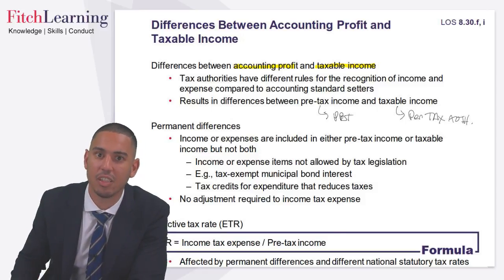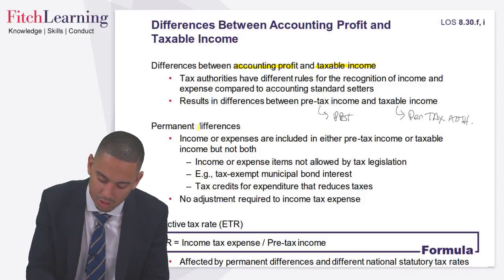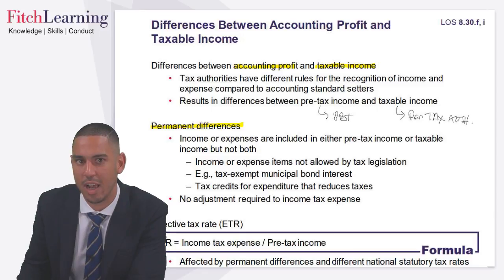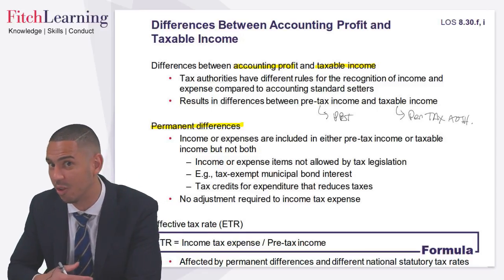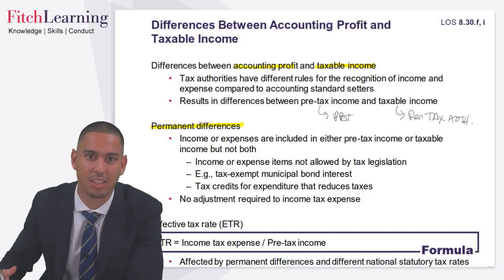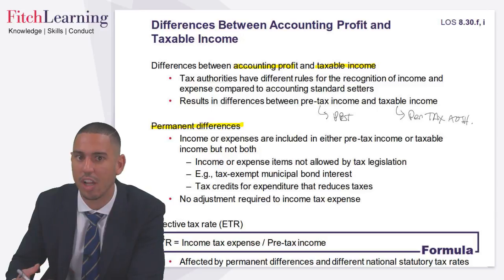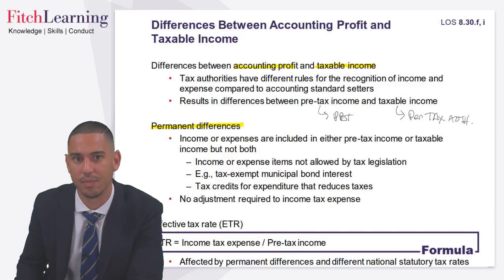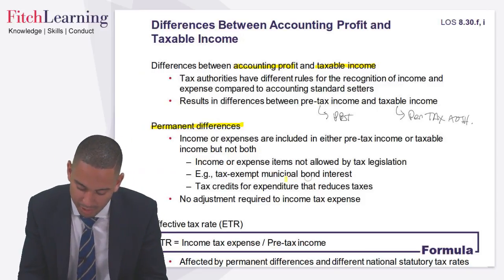And this difference in my current portion of my tax is going to include any permanent differences that I have. So any differences where I say actually they're not going to be allowed through my tax authority ever. In which case this goes through the current portion of what my tax charge is. Examples of permanent differences.